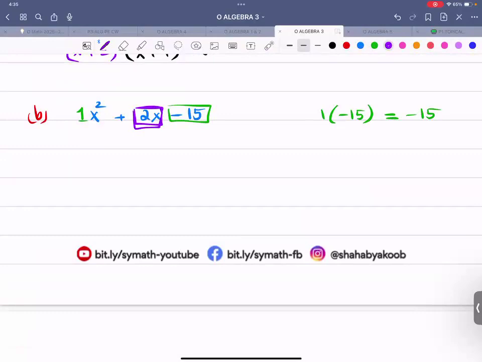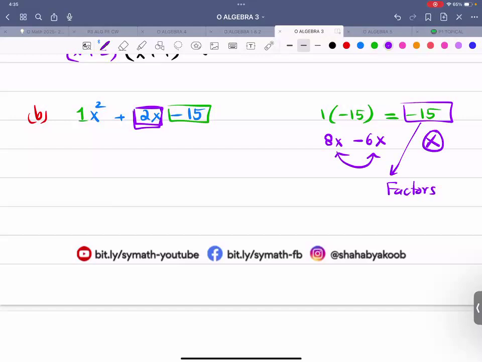If I write, let's say, 8x and negative 6x, it's not giving me negative 15. Basically, I'm looking for factors of 15 and taking care of the positive and negative signs. So we know that 5 and 3 is 15. So positive 5x, negative 3x. Yes, that is giving me 2x. So this is 5x, this is negative 3x, this negative 15 as it is, this x squared as it is.